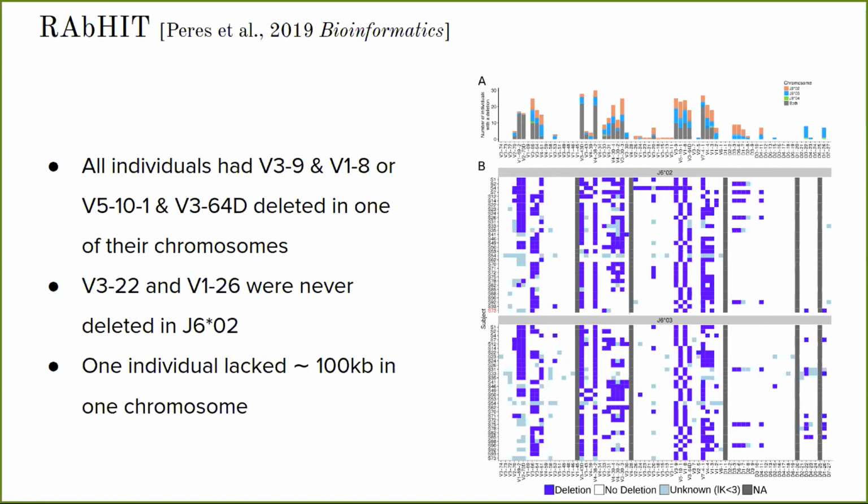And while they're deleted, V5101 and V364D are not deleted, and vice versa. The very interesting thing that we saw here is that for one individual, we have a stretch of about 100 kilobase pairs that are deleted from the chromosome.